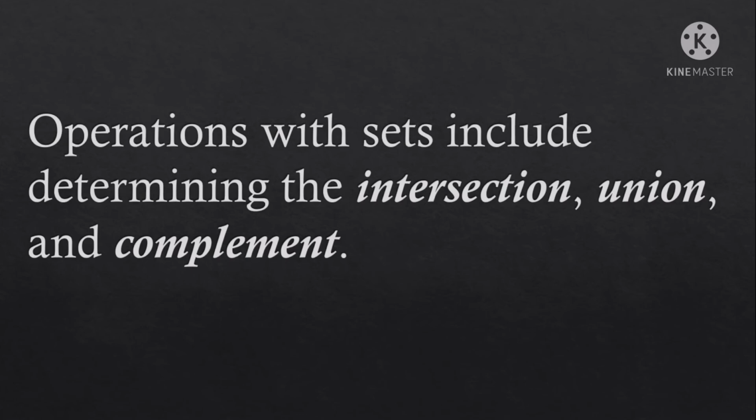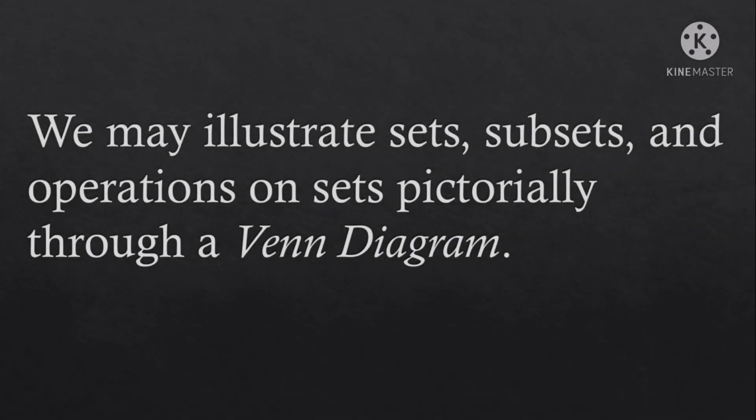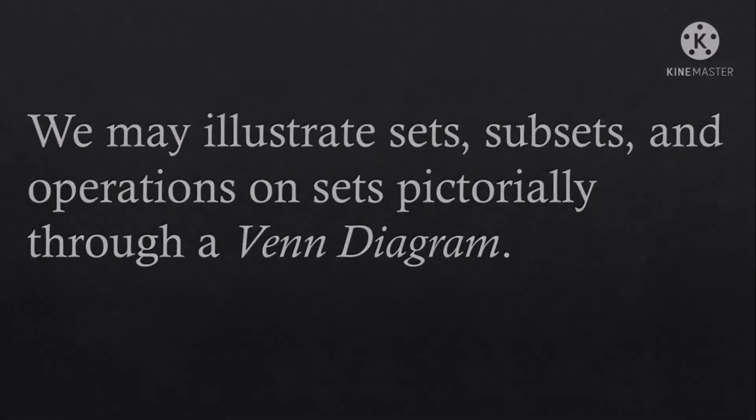Lastly, determining the complement of a particular set, meaning we are going to get the elements that is not included in this set. We may illustrate sets, subsets, and operations on sets pictorially through a Venn diagram, and this process of visualizing logical relationships was devised by John Venn, who was born 1834 and died 1923.